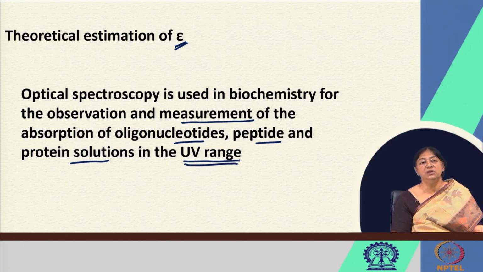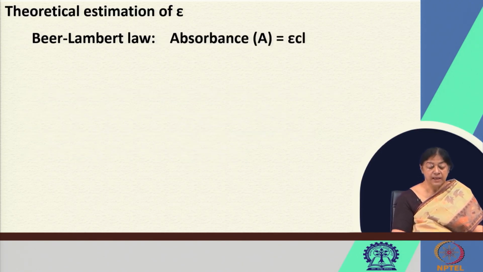Why do they fall in the UV range? Because for all the transitions that we observe, the n to pi star and the pi to pi star, which are the most common ones, the difference in the energy levels falls in the UV range for the particular wavelength that we observe.